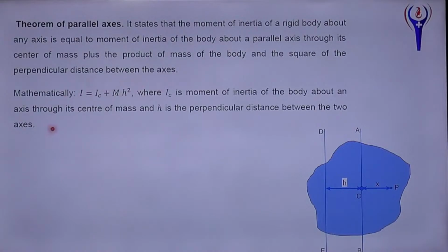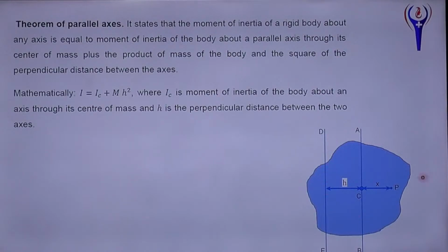That is I equal to IC. IC is the moment of inertia passing through the center of mass, just like center of gravity, here center of mass. And plus M into, M is the mass of the body, the whole mass of the body, into the perpendicular distance between these two axes. Suppose we want to find the moment of inertia about ED.